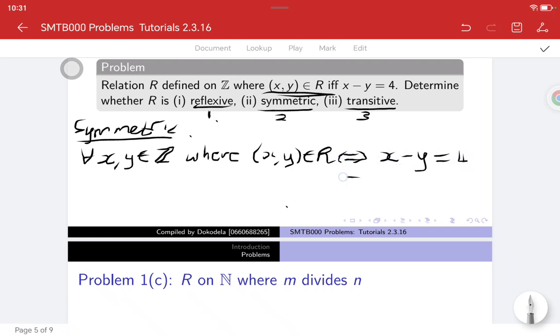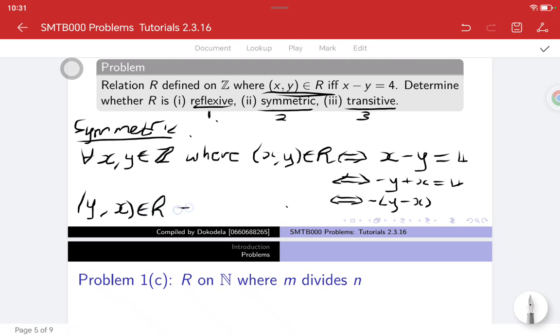So always for symmetric, we're going to apply commutativity. So I'm going to commute this, which will be equal to 4. And this, I'm going to factor out negative. So remember, for us to show that y is related to x, the original one was saying x minus y is equal to 4.